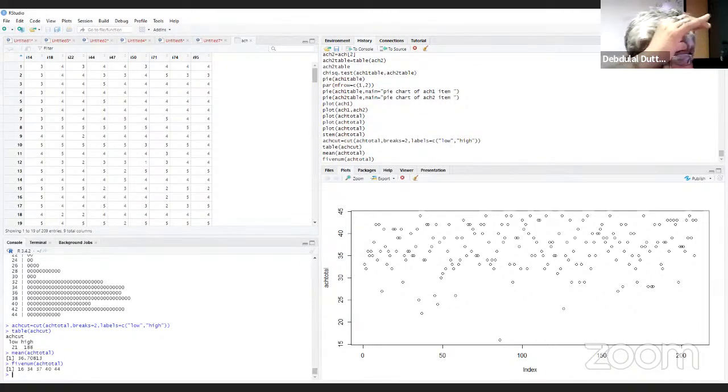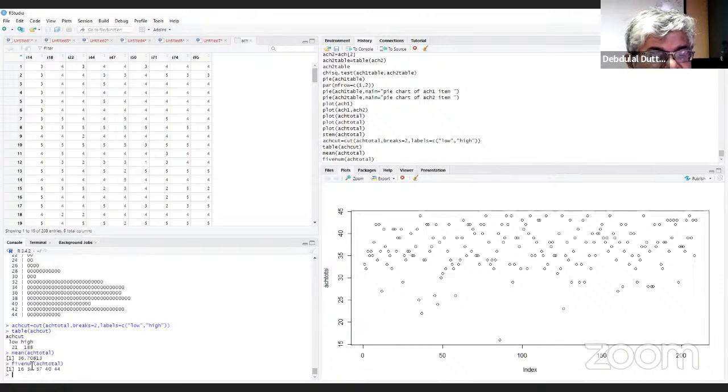Okay. That means the minimum score is 16, maximum score is 44. So this is the data, 5 num. And this is the first quartile, this is the second quartile, this is the third quartile.